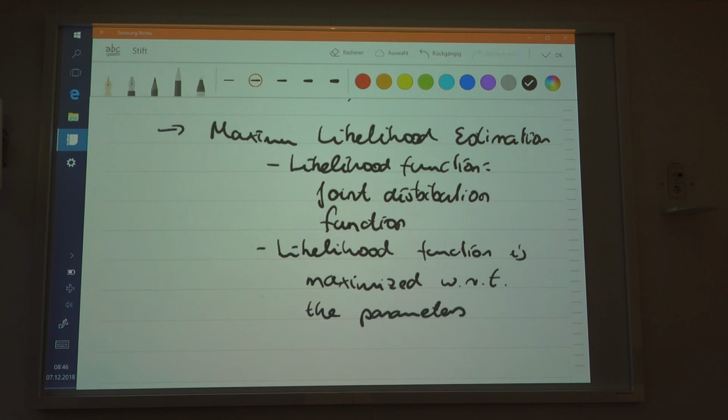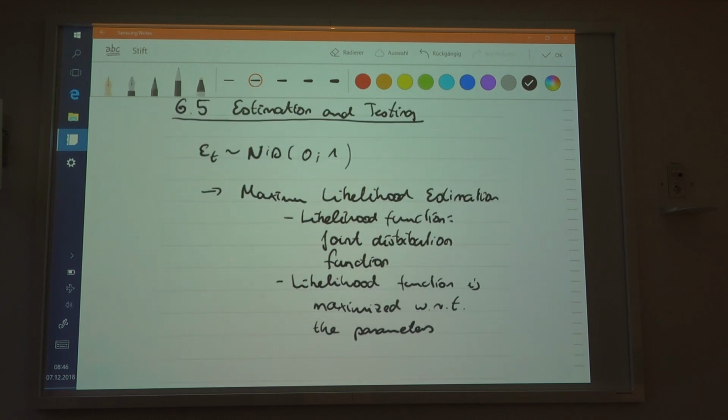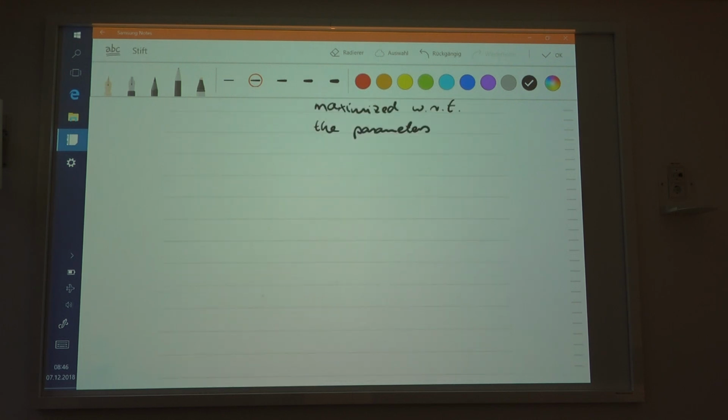Depending on the model you have, that's how it's done. And based on the normal distribution of noise, we now establish the following asymptotics.